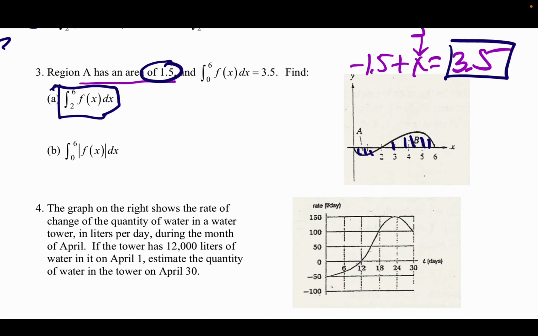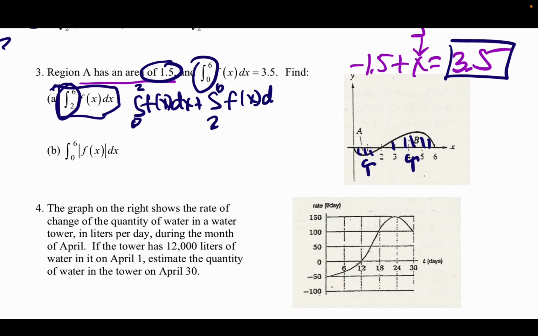All right, so I'm going to split this up from 0 to 6 so I can find 2 to 6. So I'm going to go from 0 to 2 of f of x dx. That's this part. And then I'm going to go from 2 to 6 of f of x dx. And I know the whole thing from 0 to 6 adds up to 3.5.